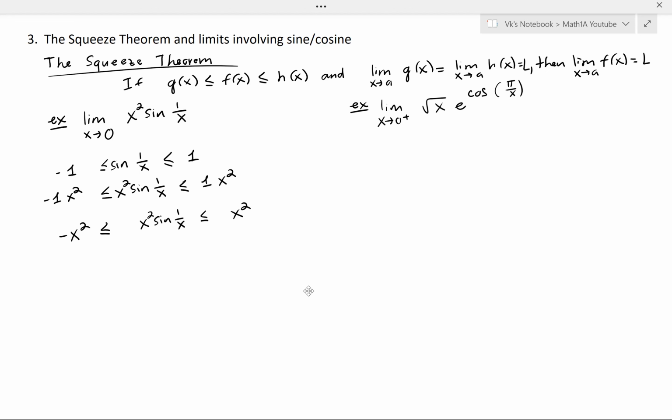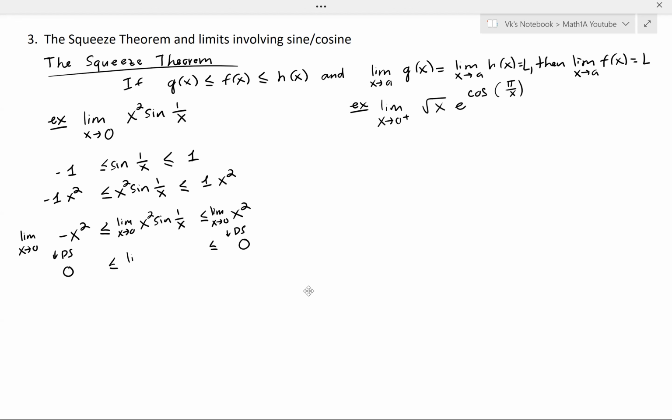Now we can take the limit as x goes to 0. Notice that the limit as x goes to 0 of negative x squared, by direct substitution, is 0. And similarly, the limit as x goes to 0 of x squared, from direct substitution, we get 0.